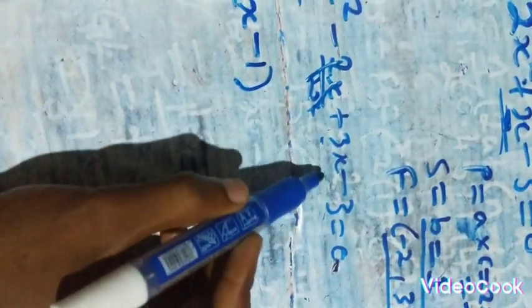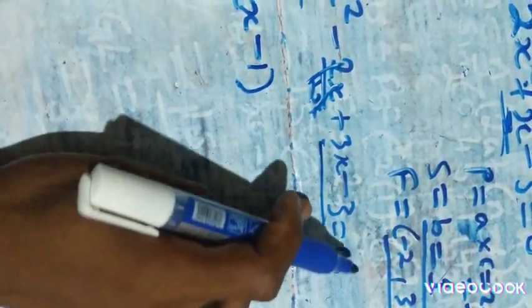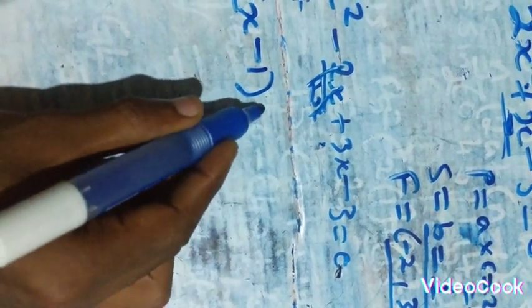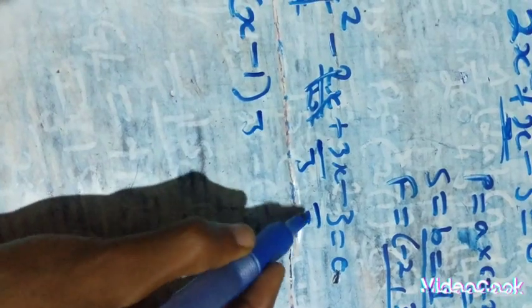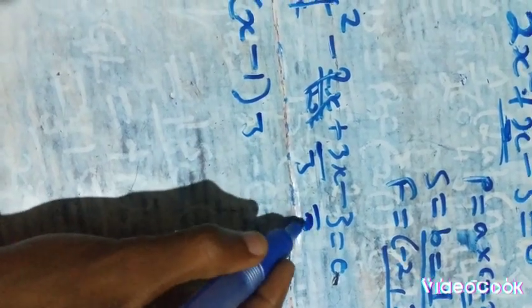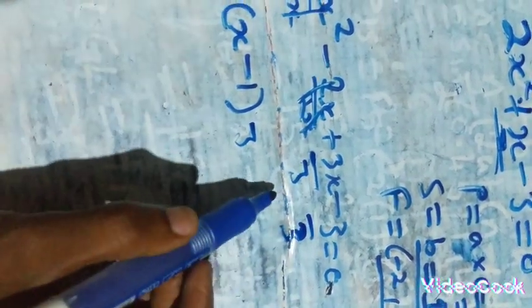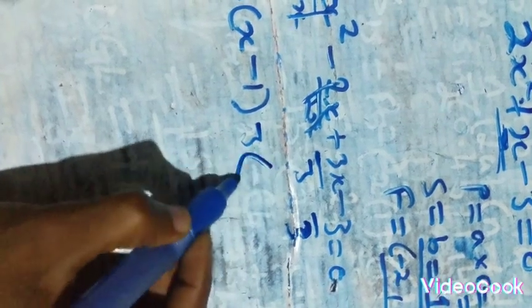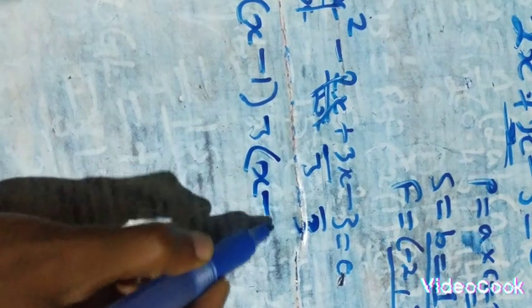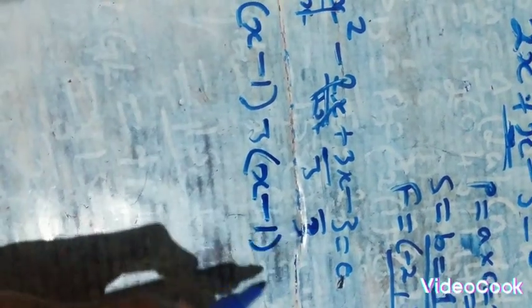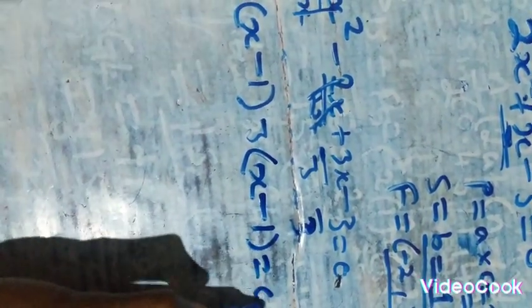Same this side. What is common here? What is common is 3. So you are going to write your 3 here, then divide both sides by 3. 3 divided by 3, what remains is x, then it will be 1, equals to 0.